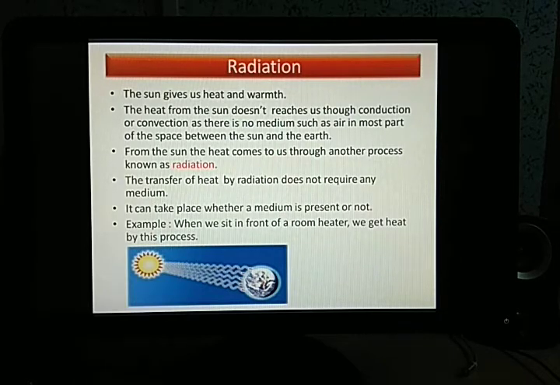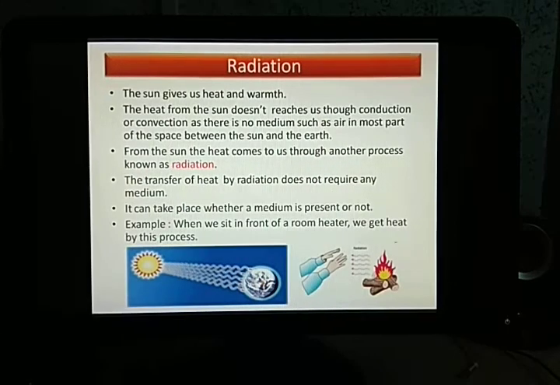So how does this happen? We are not touching that rod or the filament. Neither are we sitting just above the heater. That is extremely dangerous. So how are we getting the heat in the whole room? That is because of the process called radiation. Clear?